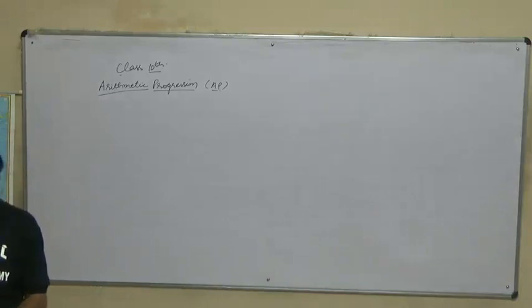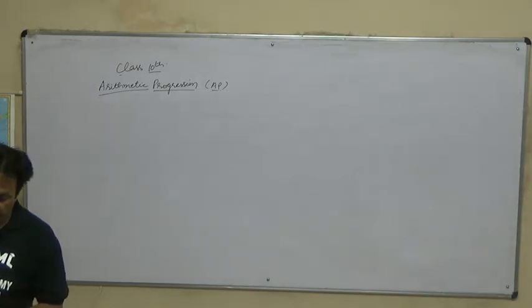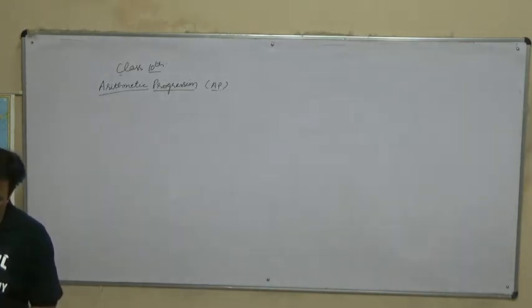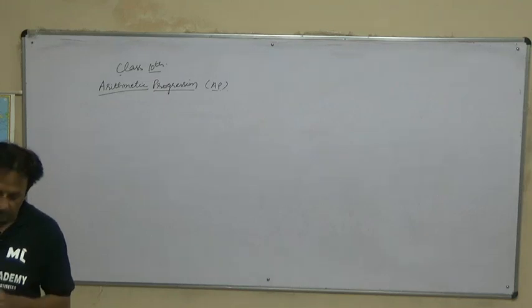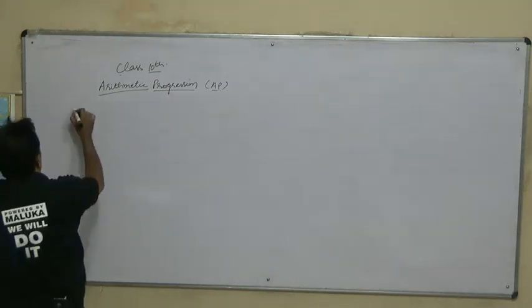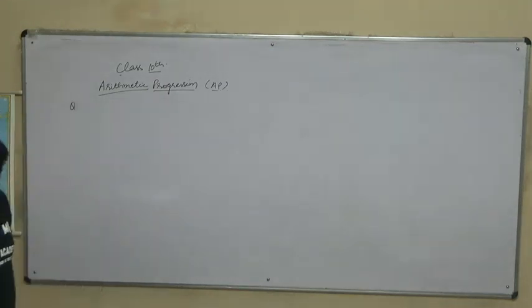So the next question is, write down the first 5 terms of the sequence, which is an is equal to minus 1 raised to power n minus 1. Question number 3.